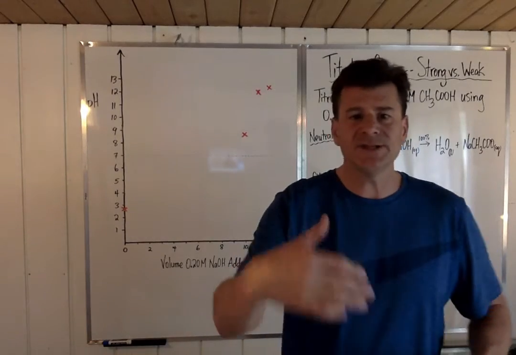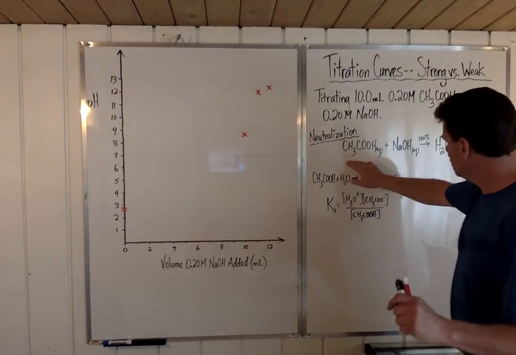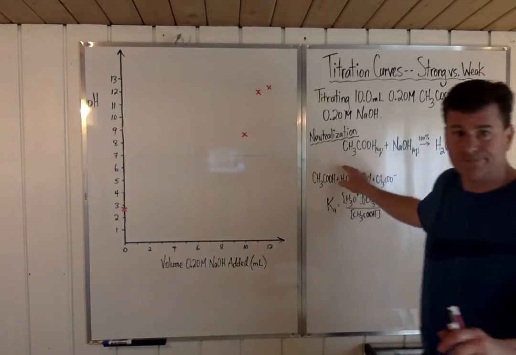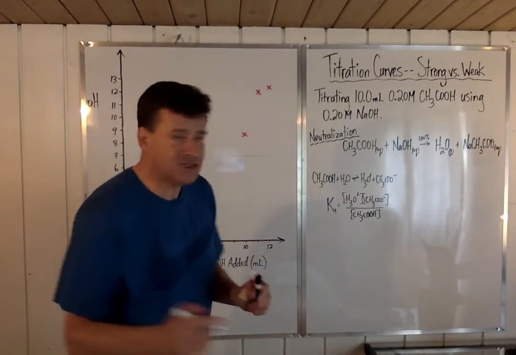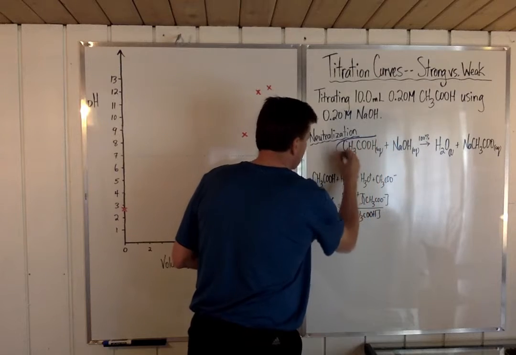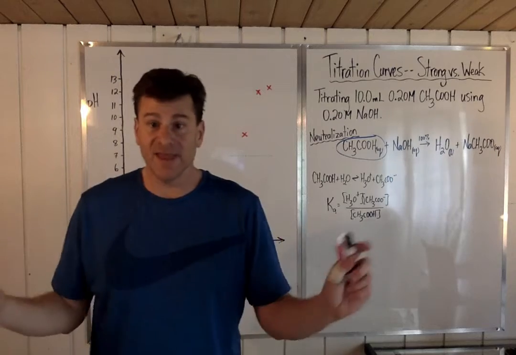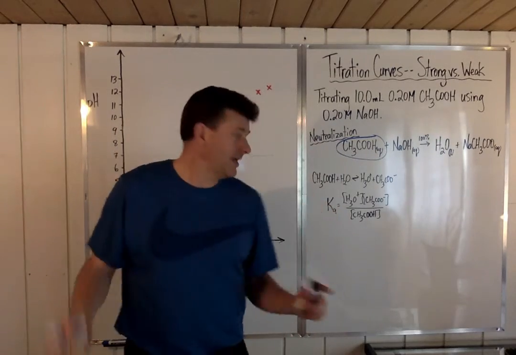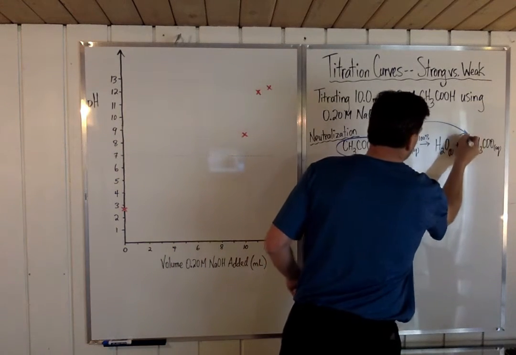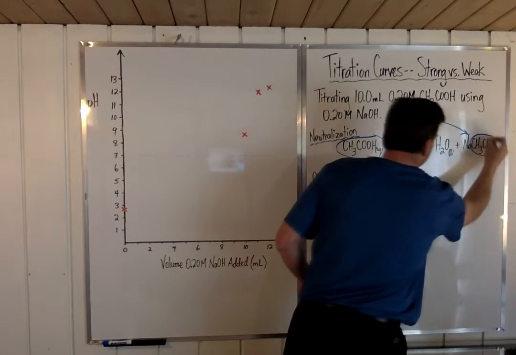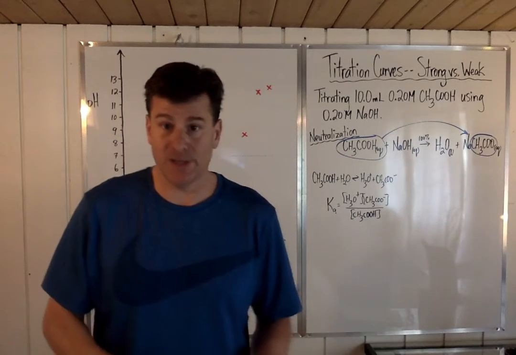As you're doing the titration, you're doing this neutralization reaction, and you are essentially taking this molecule and forcing it, whether the equilibrium down here likes it or not, into its conjugate. 100%, you're making it do it.